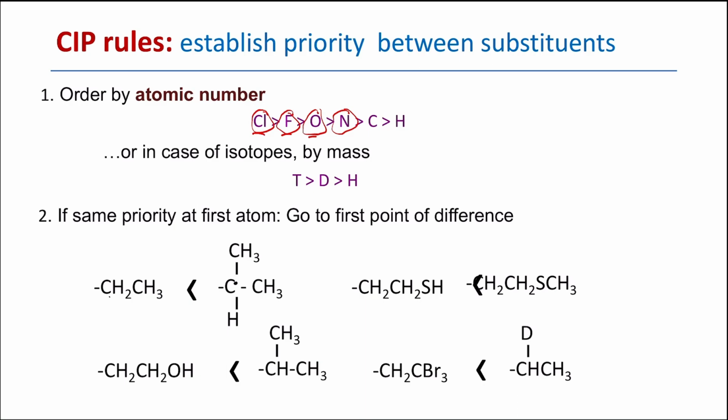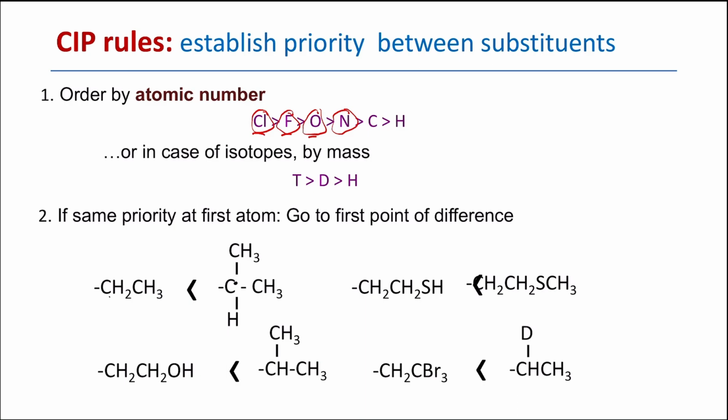And then for the priority, we need to look at the atoms one by one. So we don't look at the whole group. If we have the same priority for the first atom, we start looking at the first point of difference. So let's have a look to understand what we mean by this.